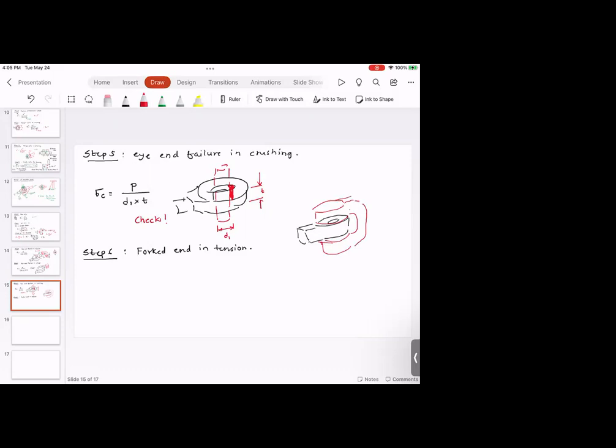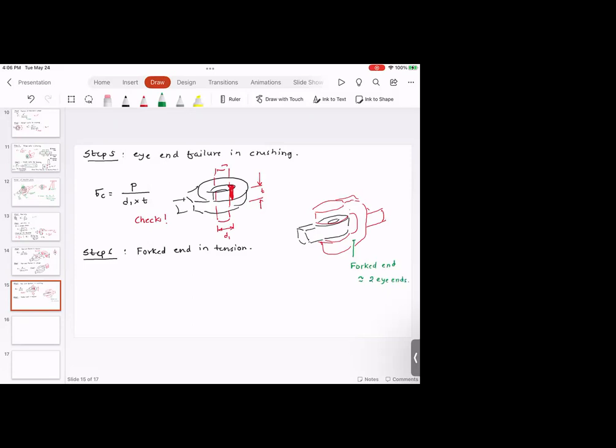Can you see that the forked end is approximately 2 eye ends?